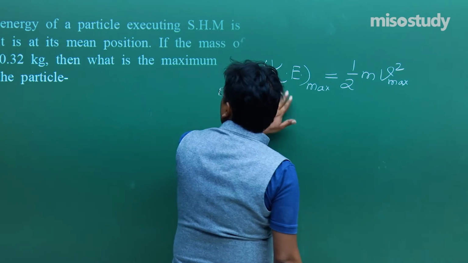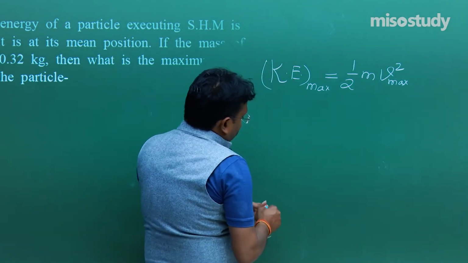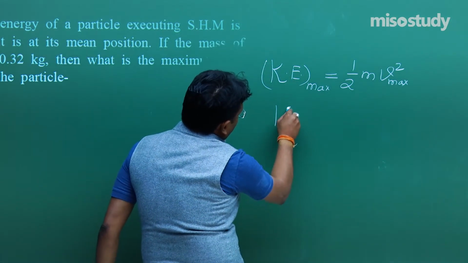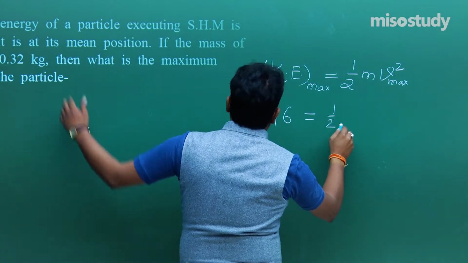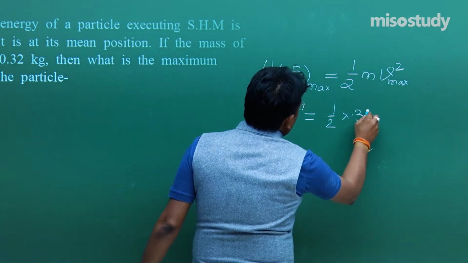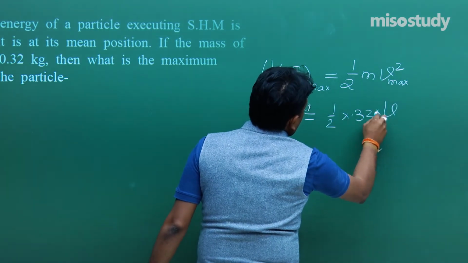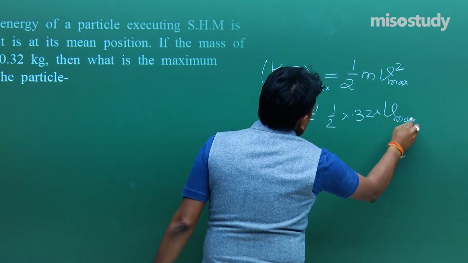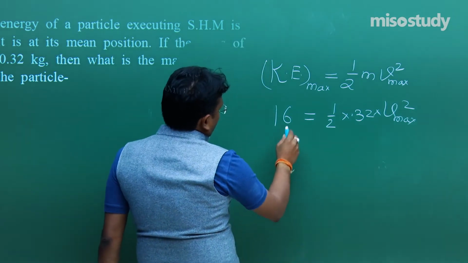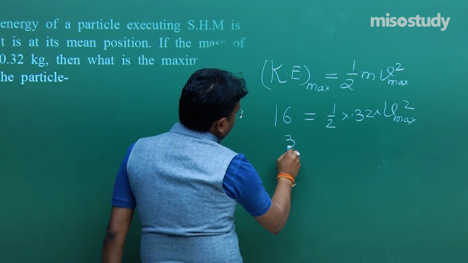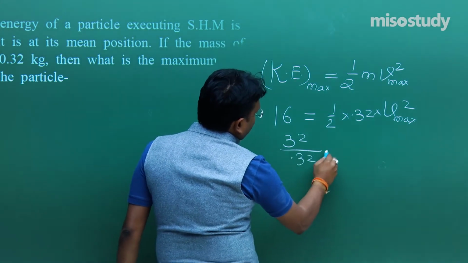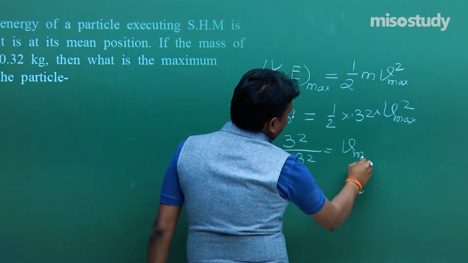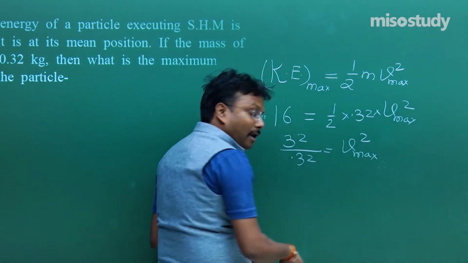Fine. Now kinetic energy is given, okay. So let's put the value as 16 is equal to 1 by 2 into 0.32 v max square. Fine. So it's going to be 16 upon 0.32 is equal to v max square.